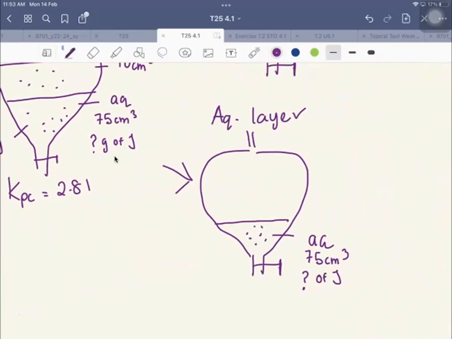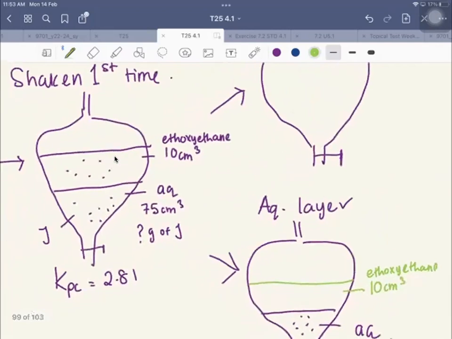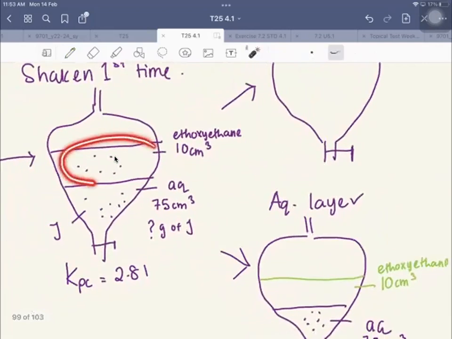That means I add a fresh solution of 10 cm³ of ethoxyethane that doesn't contain any J at all. You notice here, this is my first addition of ethoxyethane and I separate them.